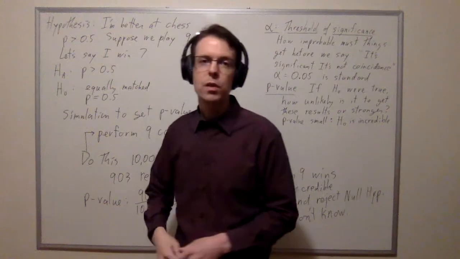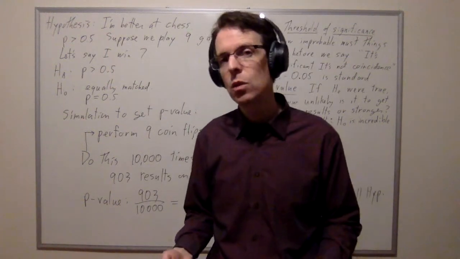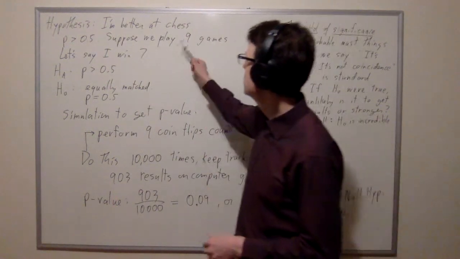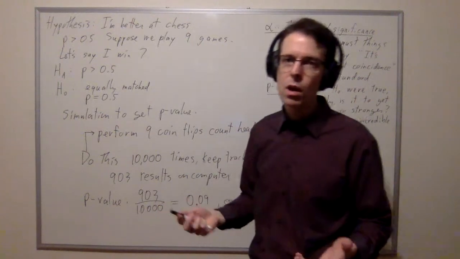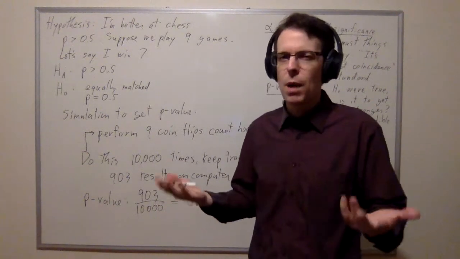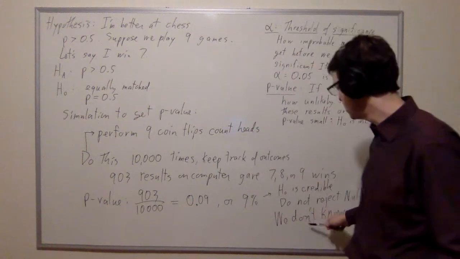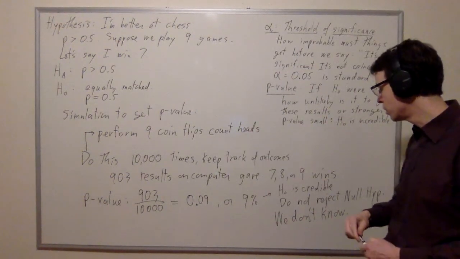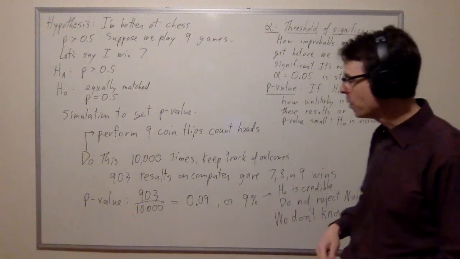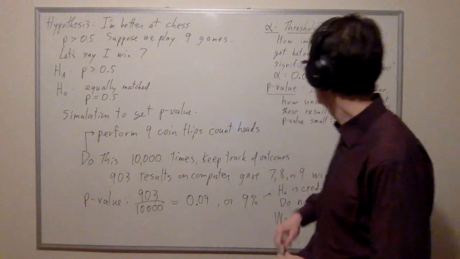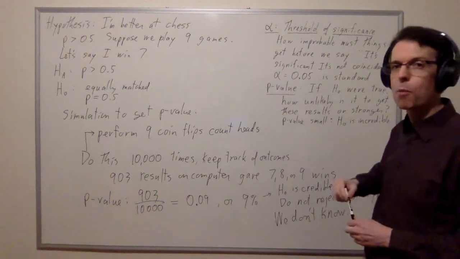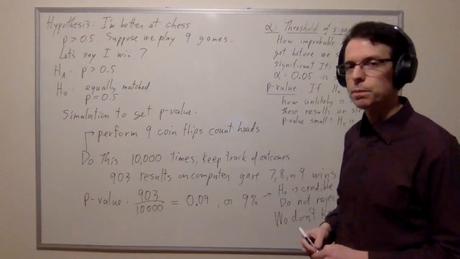We mean that the null hypothesis is still credible. It could be that too, and we don't know. If we play these 7 games out of 9 and I win more, well, that is some evidence that I might possibly be better, but it's not enough evidence to say with a statistically significant degree that I am actually better. And the reason is because the p-value is bigger, more probable than our threshold.